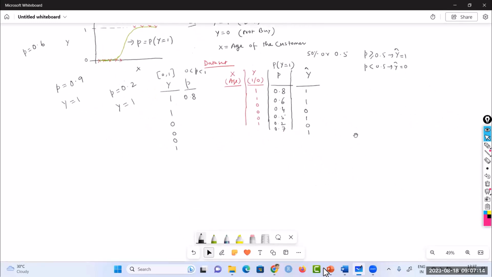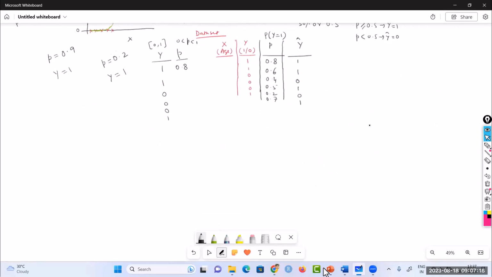Now let's say I take some data set where I have my actual y, this probability column, and then the y hat column. Let's say I have 1, 1, 1, and then 0.